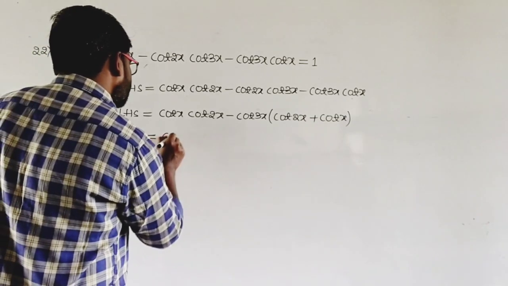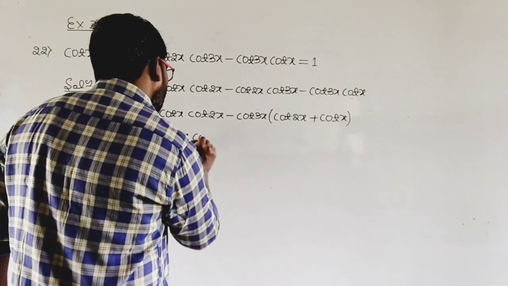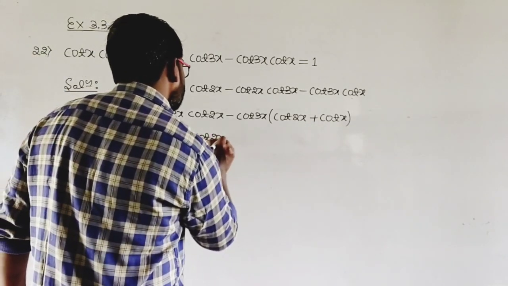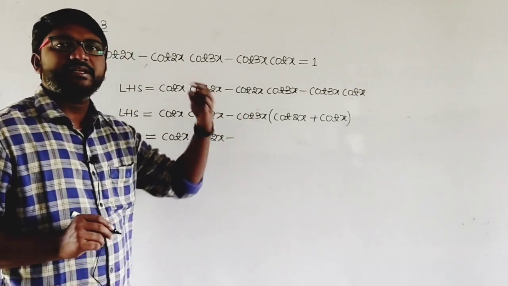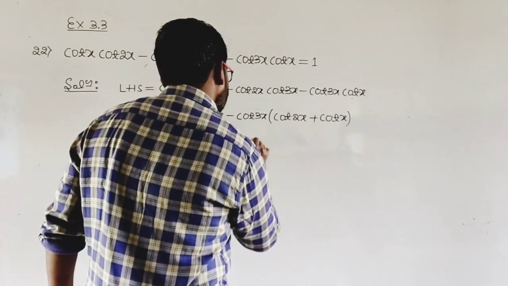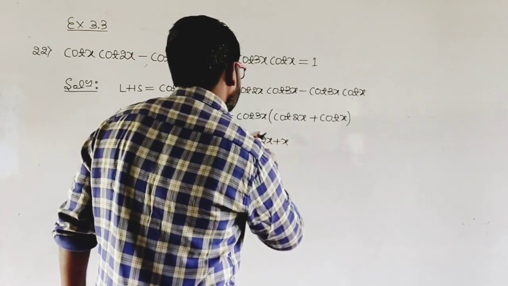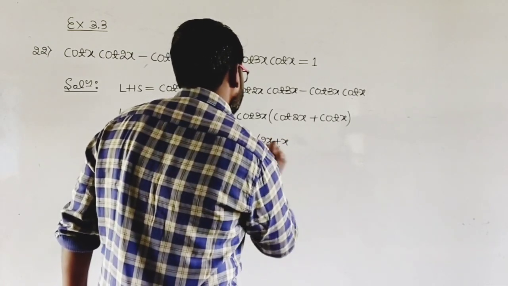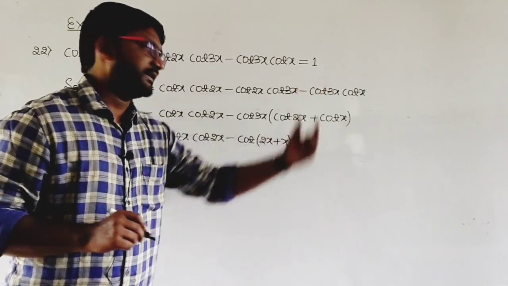Then in the next step, LHS is equal to cot x into cot 2x minus, here 3x can be written as 2x plus x. See here, cot of 2x plus x. 3x I am writing as 2x plus x. Then I write this particular term as it is.